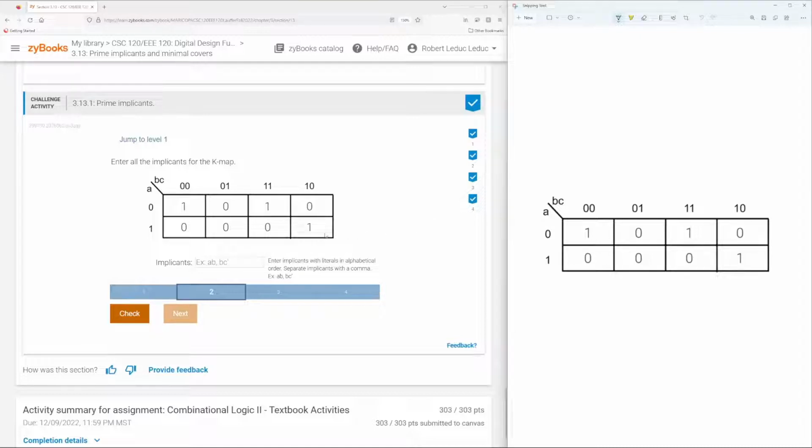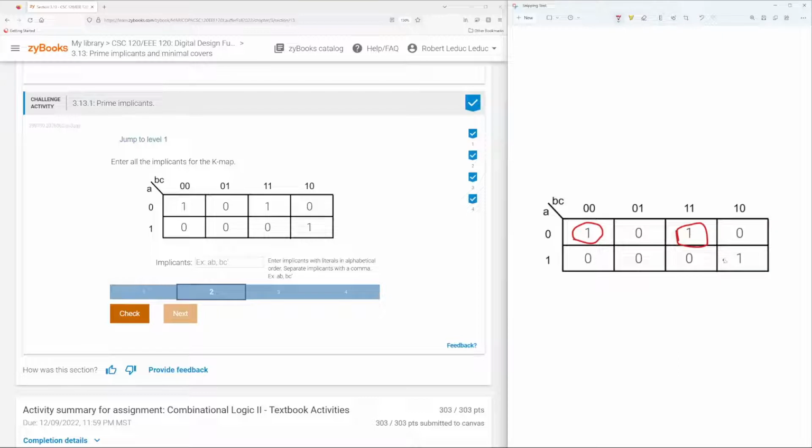Now, one thing I noticed right away is for this function, we have no minterms that are adjacent to each other. So from what I can see, the only implicants we have are the individual minterms themselves.